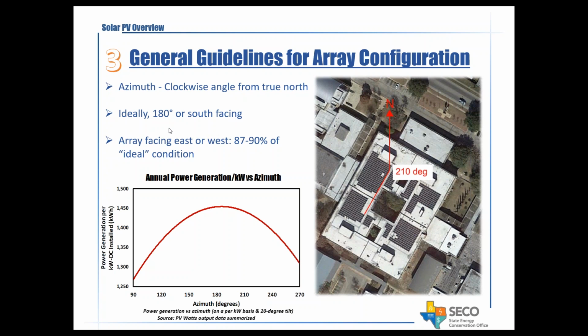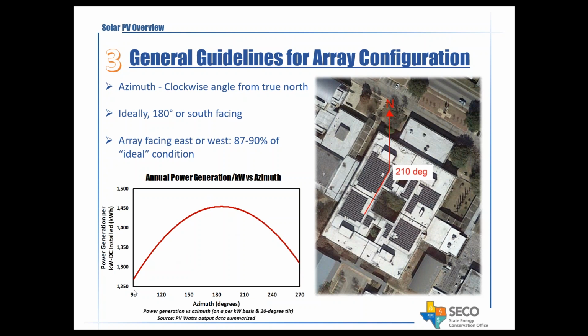Ideally, what we're trying to do is have the panels face directly to the sun to capture as much radiant energy as possible. So ideally, that would be about 180 degrees azimuth angle, which is facing directly south. And what we've added here is a graph showing the annual power generation versus the azimuth angle.